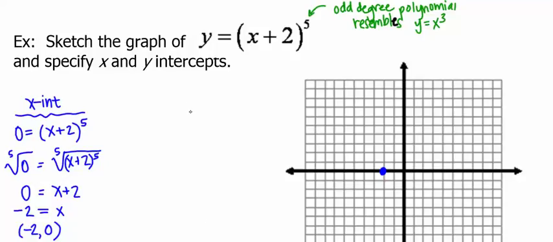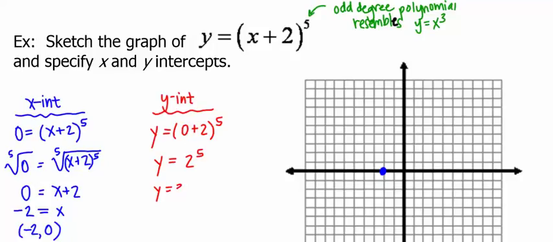The y-intercept is the value of y when x is 0. So we have y equals 0 plus 2 to the 5th power. 0 plus 2 is 2. 2 to the 5th power is 32.